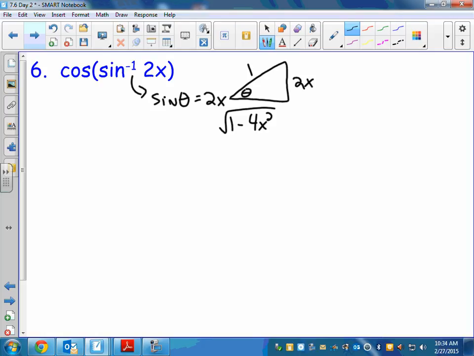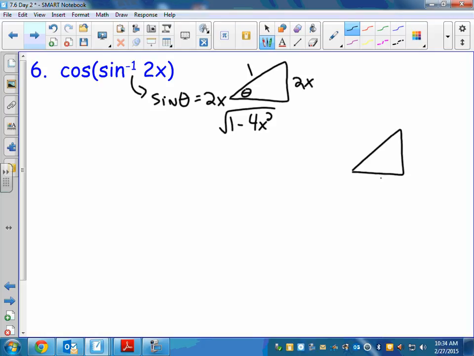I remember. I recorded notes over this, and the next day when I came in, they said, how do you know whether you subtract under the radical or you add under the radical? And I said, I don't know what you mean. And they're like, well, sometimes in the examples your radical had a minus, and sometimes it had a plus. And I said, oh, it's just Pythagorean theorem, right? If you're solving for one leg of the triangle, you're always going to have to subtract. But what if you're solving for the hypotenuse?